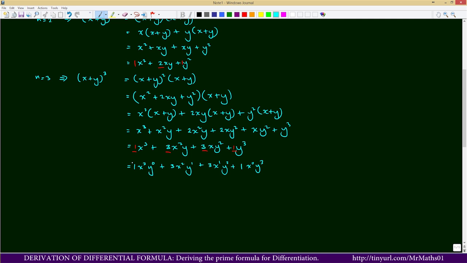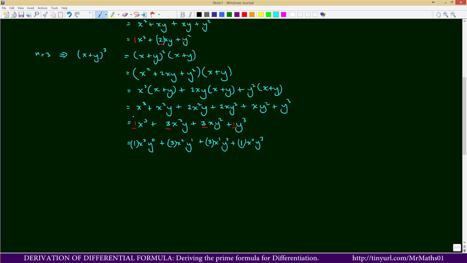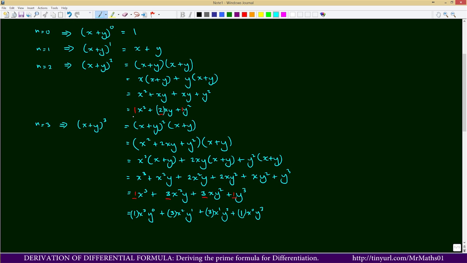Let's put the coefficients in brackets. Now let's take a look at this. The first coefficient looks kind of ugly, so let me redo this like this. Okay, now take a look: we have n equal to 0, n equal to 1, n equal to 2, and the third example, n equal to 3.